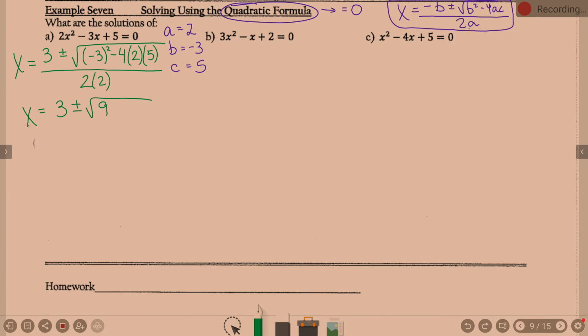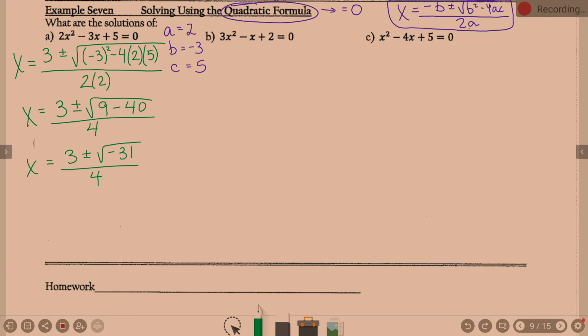And there's just a minus sign, so it's 9 minus 40, all over 2 times 2 is 4. Okay, keep going. What do you know about 9 minus 40? 9 minus 40 is what? Negative 31.